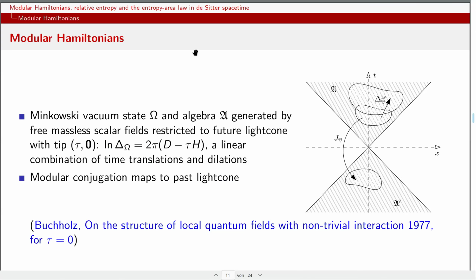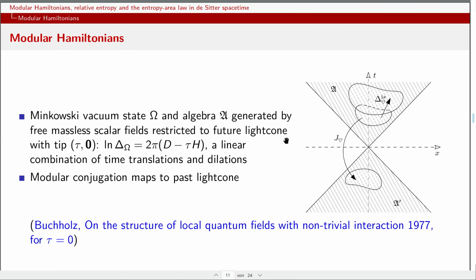Another example, which was computed just two years later by Buchholz, is a very similar situation. We have the Minkowski vacuum state, but now the algebra is the one generated by free and massless scalar fields, restricted to the future light cone, with a tip at some point tau 0.